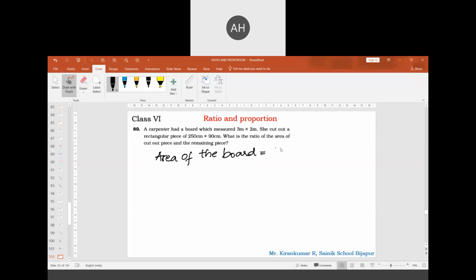We can multiply each by 100 now. What do we get? 60,000 centimeter square, sir, followed by 4 zeros. Then the area of the rectangular piece.